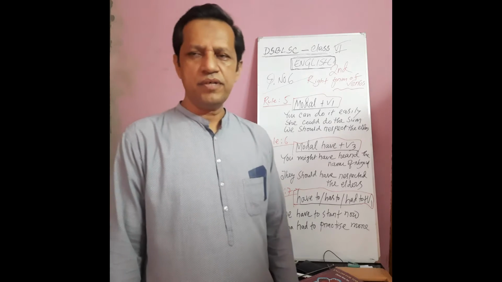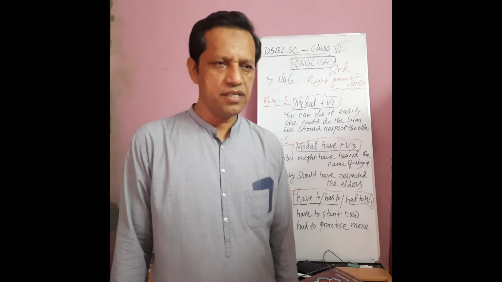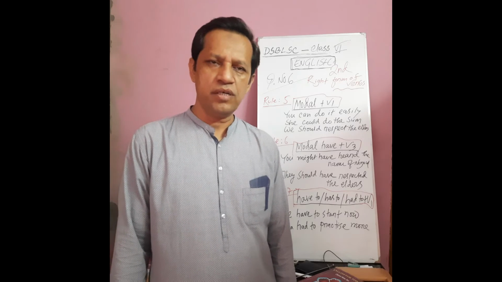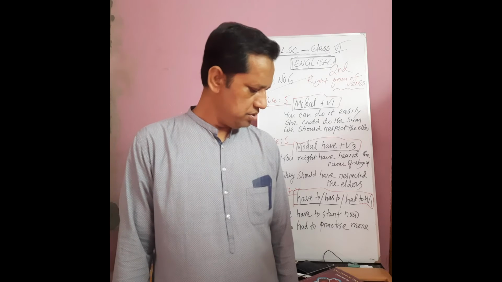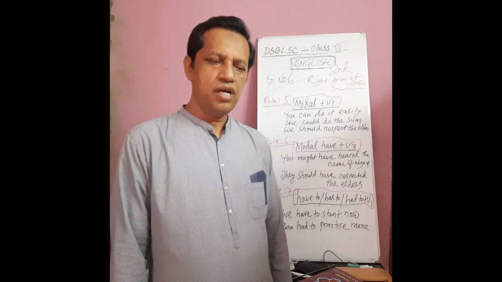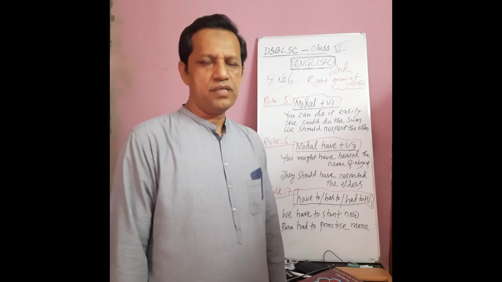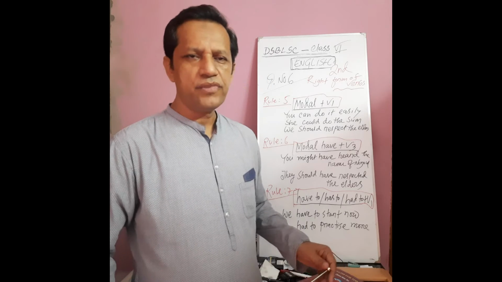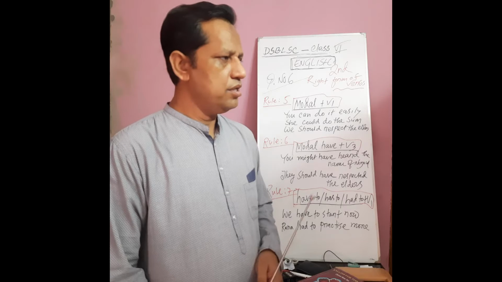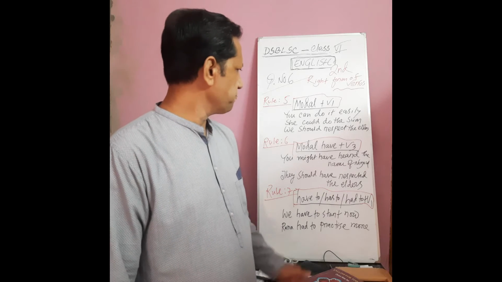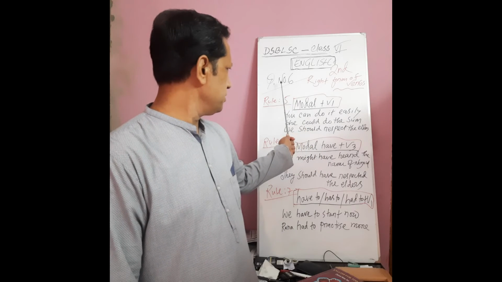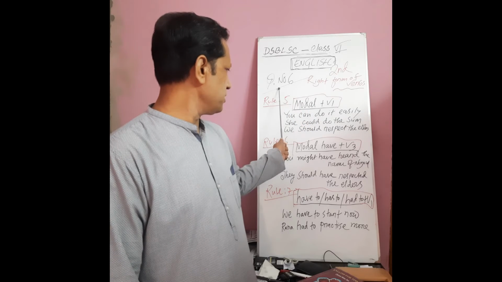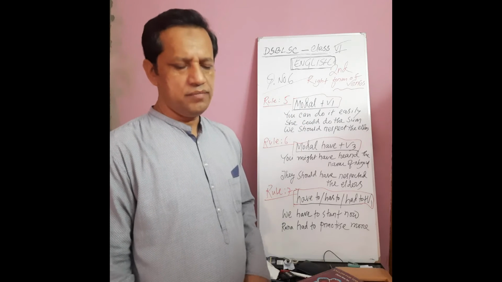So, I like to advise you to take your pen and script and write down what I am going to tell you. So let's start our today's topic, right form of verbs. In my last class I talked to you about right form of verbs. It is in English second paper and question number 6.